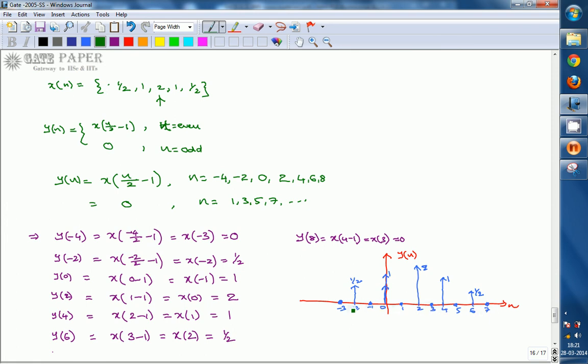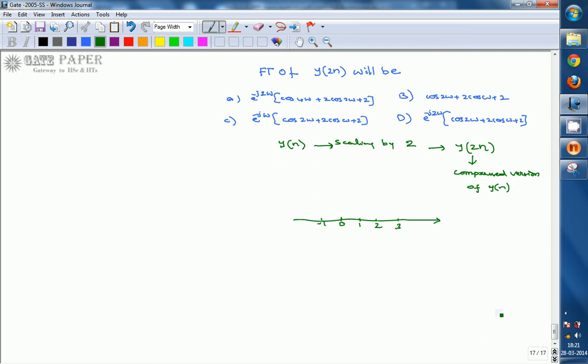By compressing this by the factor 2, we'll get the samples at -1, 0, 1, 2, 3. So the sample values are 1 by 2 at -1, at the 0th position the value is 1, at the first position the sample value is 2, at the second position the sample value is 1, and at the third we get 1 by 2. So that's y of 2n.